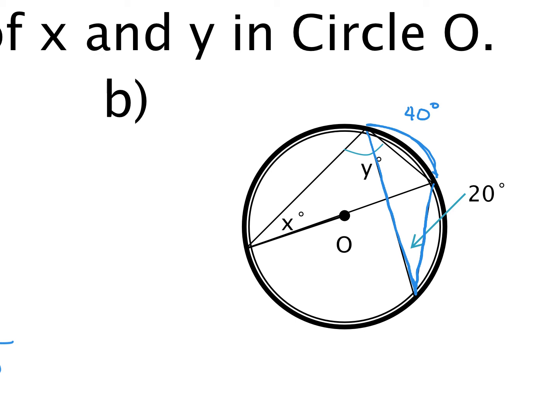Now, I know it didn't directly ask for that piece, but in order to find x, I needed to find that intercepted arc because I can use the theorem that says when you have two angles that share the same intercepted arc, those angles are congruent. So x is going to be 20 degrees. It's going to be half of that same intercepted arc.